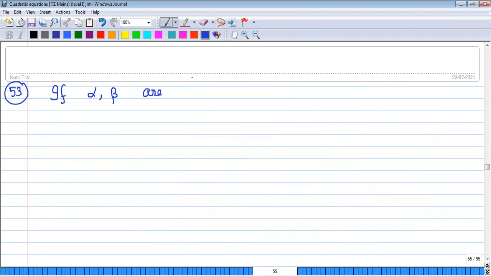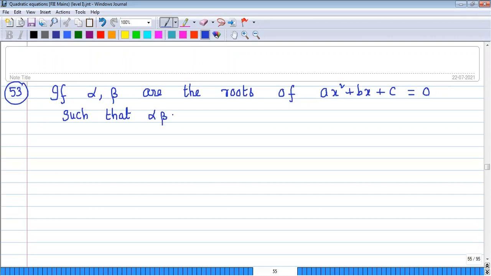If alpha comma beta are the roots of ax square plus bx plus c equals to 0, such that alpha beta is equal to 3. That means product of the roots is equal to 3.